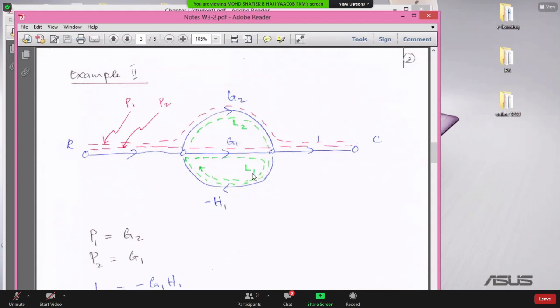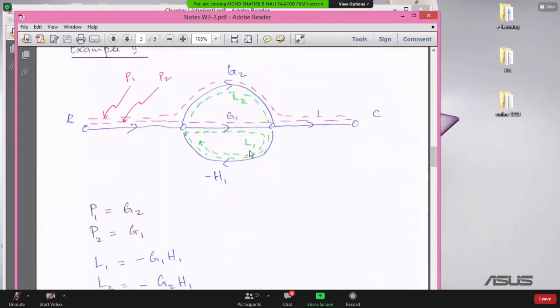The loop gain L1 is G1 multiplied by negative H1, and the loop gain for the big loop L2 is G2 multiplied by negative H1. So you have two forward paths and you have two loops.